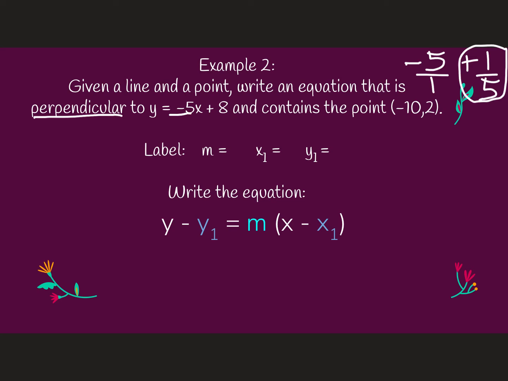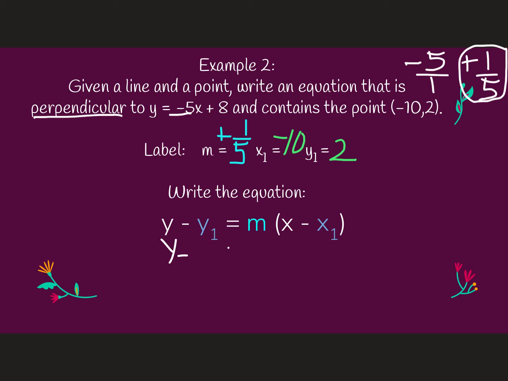So I'm going to go ahead and write that in. We have positive 1 over 5. All right, so now we need to identify the point. So we know our x is -10 and our y is 2. So we can plug that into our point slope formula.